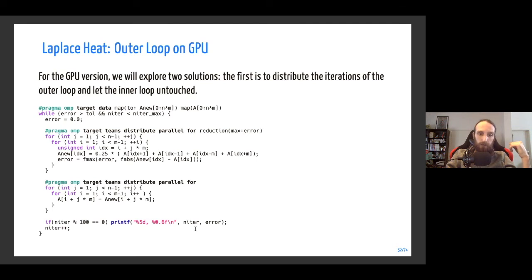And for the error, it's copied automatically by the compiler to and from the GPU between the executions of the kernels. So it's available here on the CPU for every iteration. This is the default behavior of the compiler. It will copy scalars back and forth automatically.